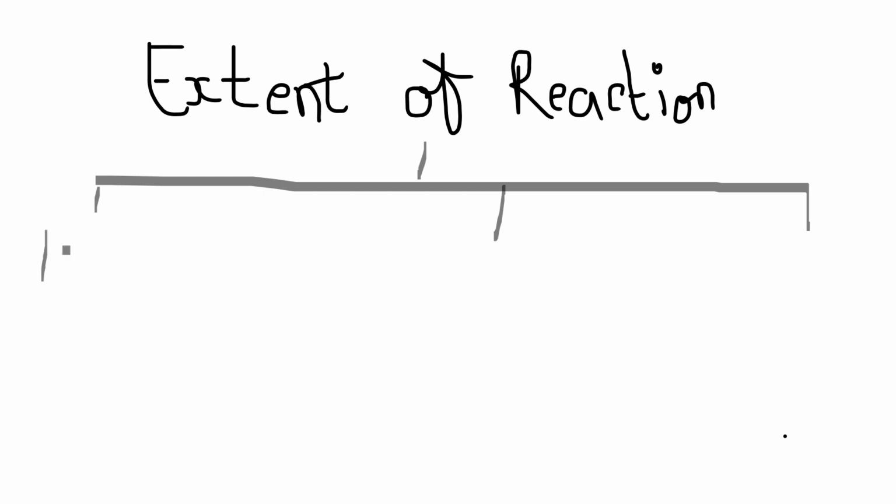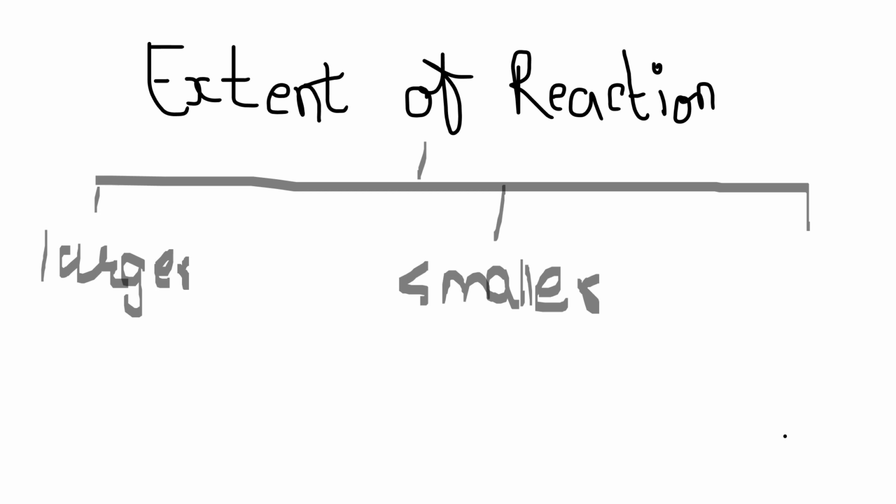Whether a reaction is larger, that means the extent is larger, whether a reaction is smaller, and whether the reaction can be moderate. Now these are 3 conditions on which the extent of the reaction relies.